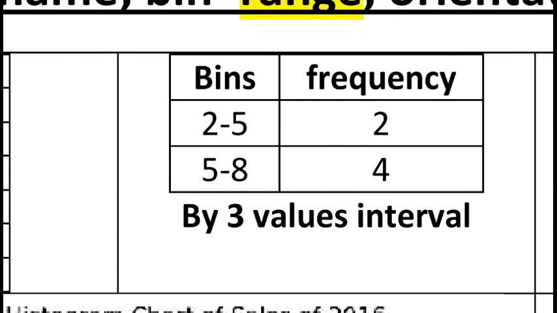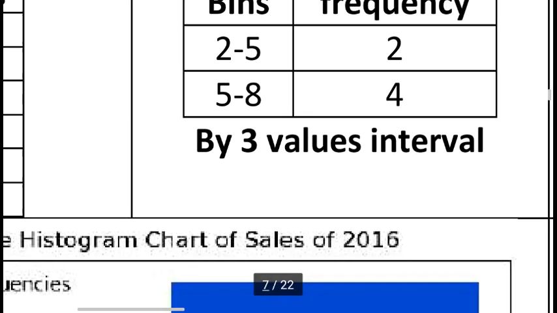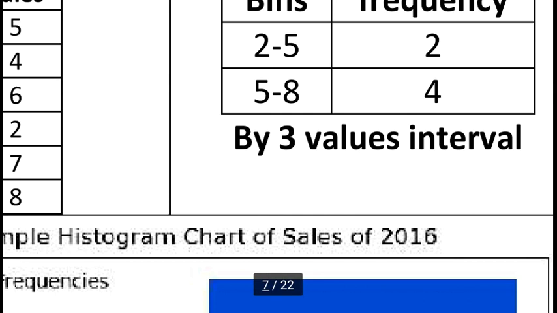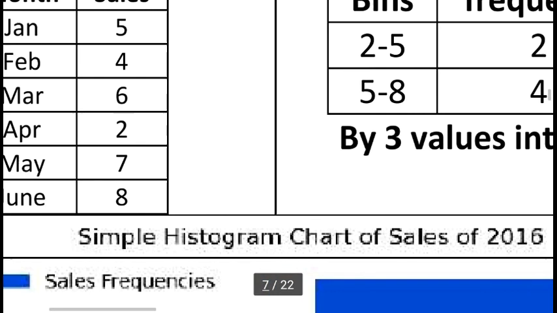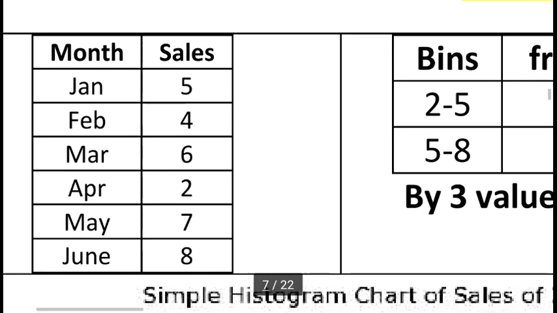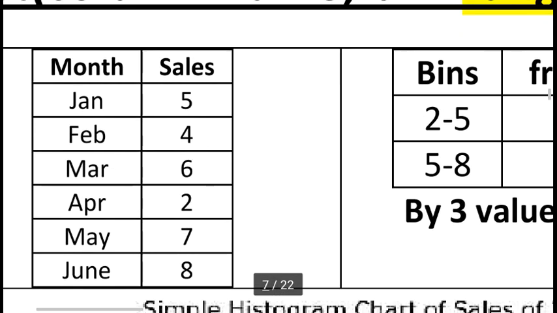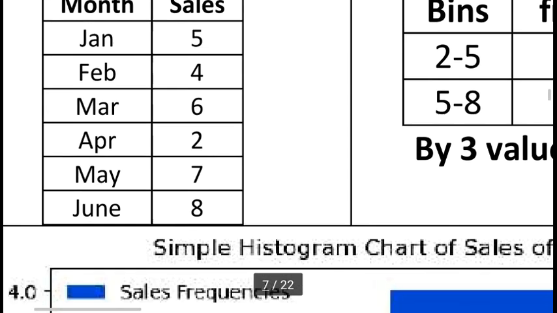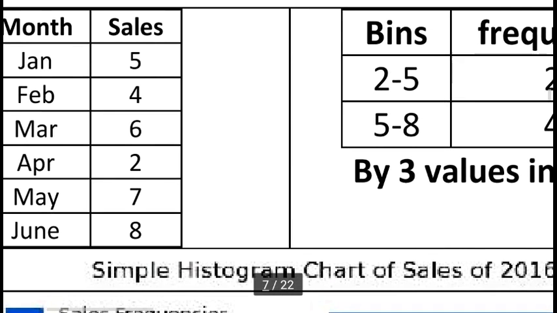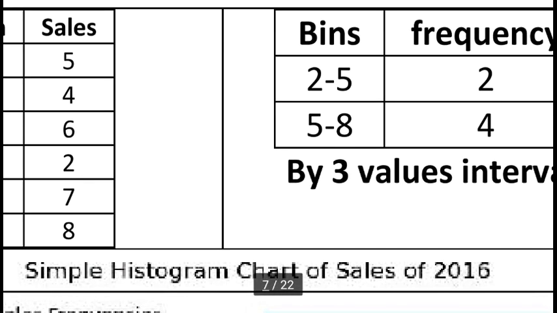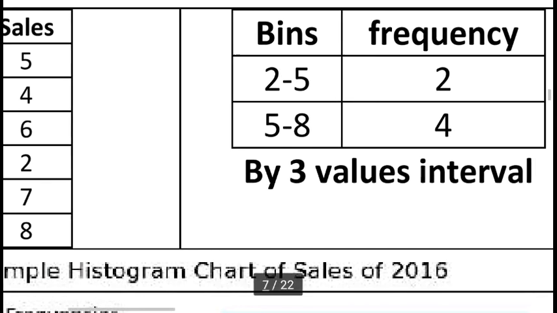For the second interval, 5 to 8, this is our last group, so it includes all the values: 5, 6, 7, and 8. So the count of values in the 5 to 8 interval is 4.